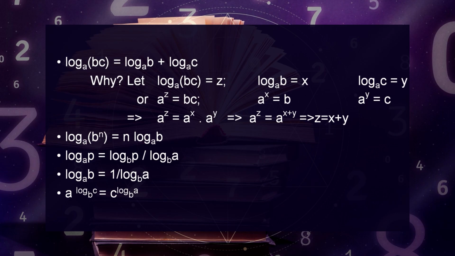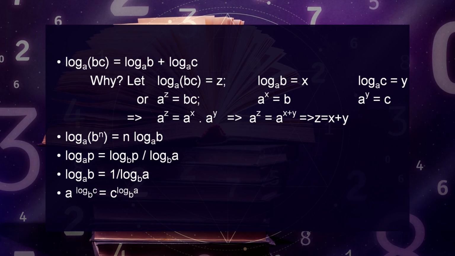All right. Similarly, there are many more properties of logarithms. If you are taking log of b to the power n, on base a, then the n, which is the power, comes out. So it is n times log b with base a.